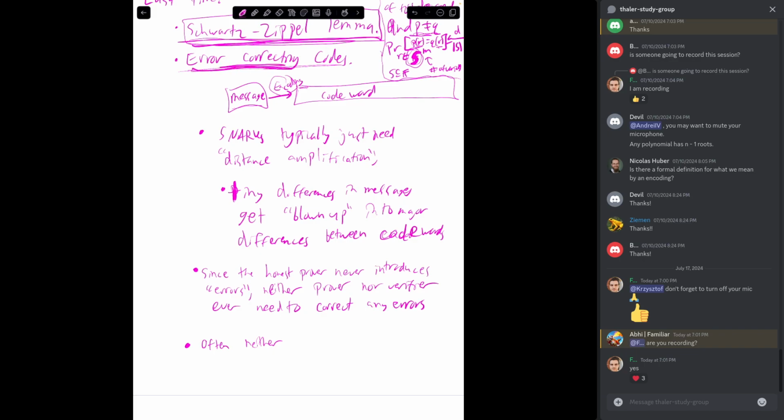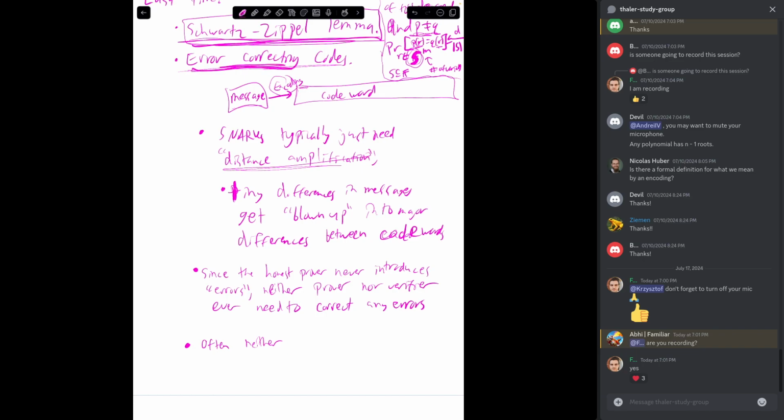They need distance amplification. The idea of a SNARK is if the prover is claiming to have run some computation on a witness, you want to make sure that the prover really ran the computation correctly step by step. And if it made even a single tiny mistake over the entire course of the computation, you want the verifier to pick up on the mistake and reject the proof.